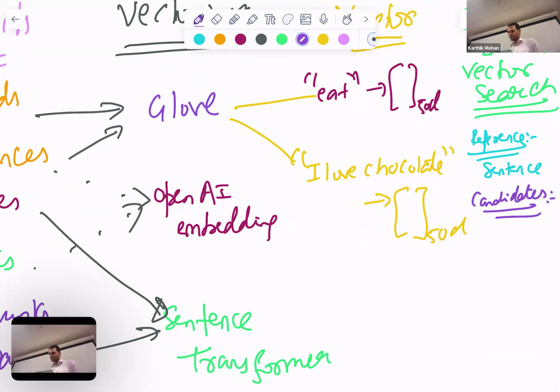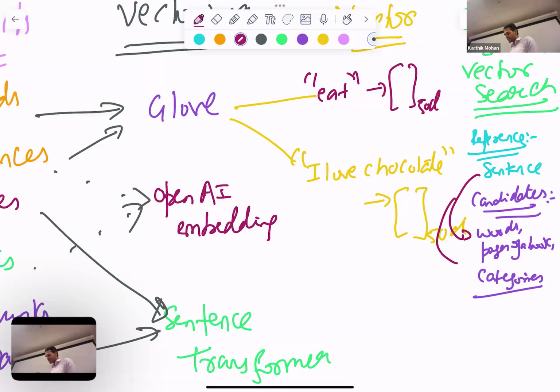So these are candidates. You could have words, or pages of a book, or categories. The candidates could be anything that you care about in terms of a search and retrieval. And then you match each sentence with one of the candidates. And then you get a score, maybe using cosine similarity. Then you rank from highest to lowest.